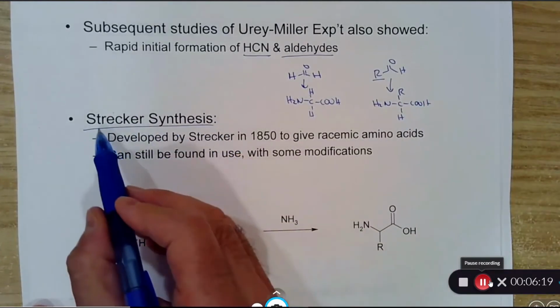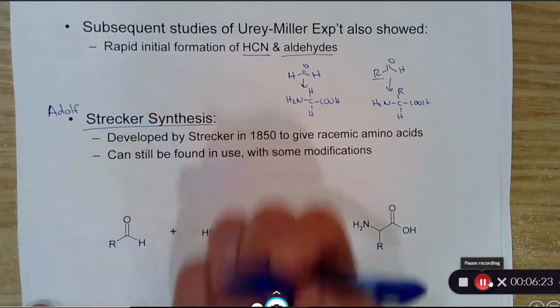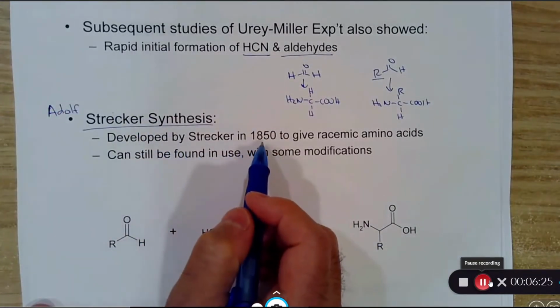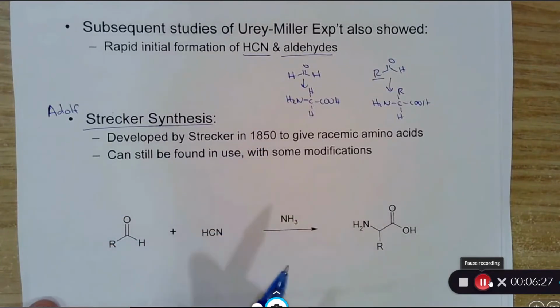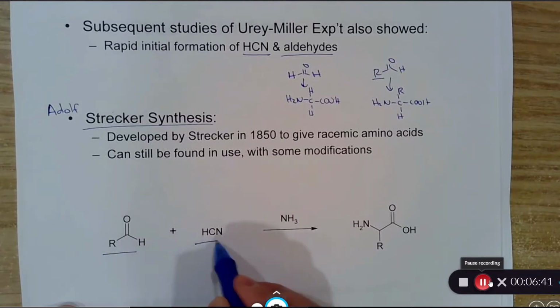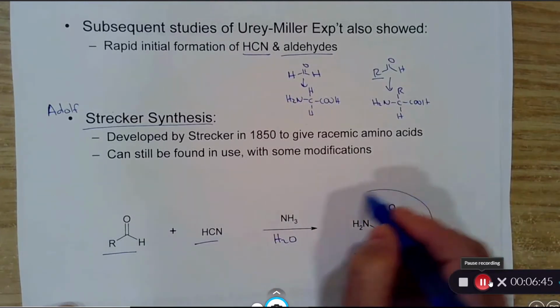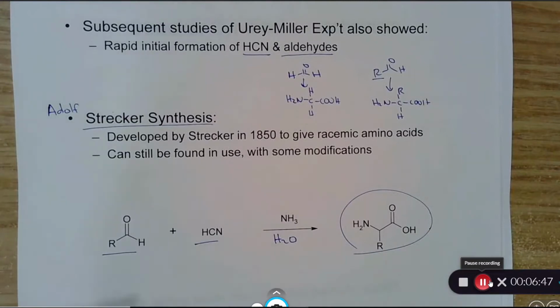Later on, a German chemist by the name of Adolf Strecker developed in 1850 a synthesis to give racemic amino acids. Okay, and so using the experiments done by Urey-Miller, he and his team looked at taking aldehydes plus hydrogen cyanide with ammonia in an aqueous environment and wondered whether they could actually generate a large-scale amount of these amino acids.